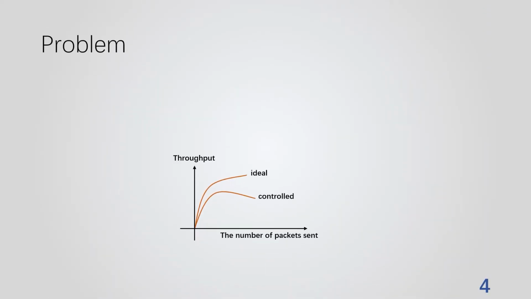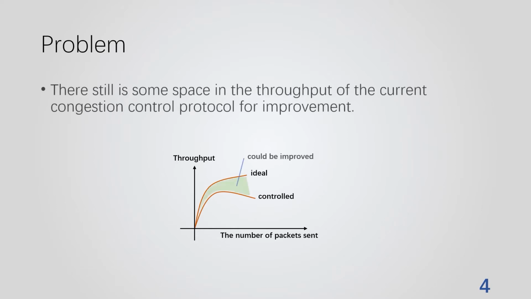The problem we faced is that it's difficult for congestion control protocols to achieve ideal throughput. There is still some space for improvement in the throughput of current congestion control protocols.